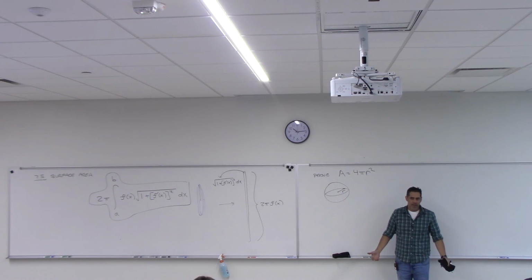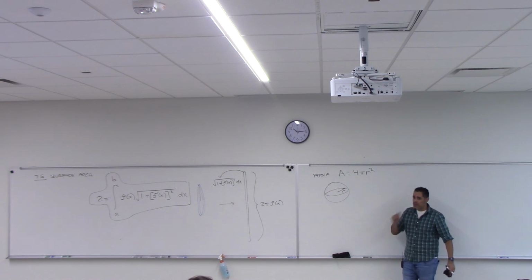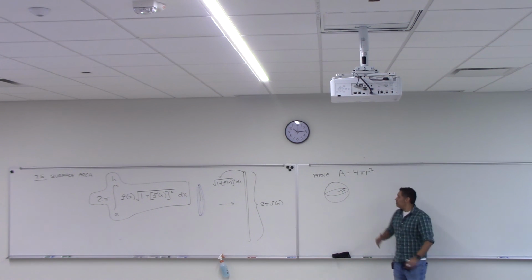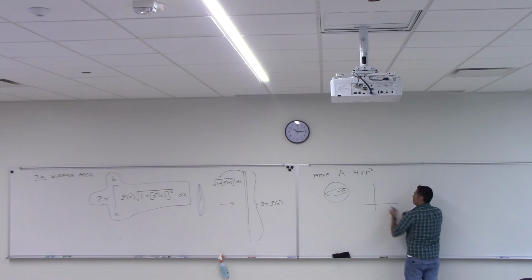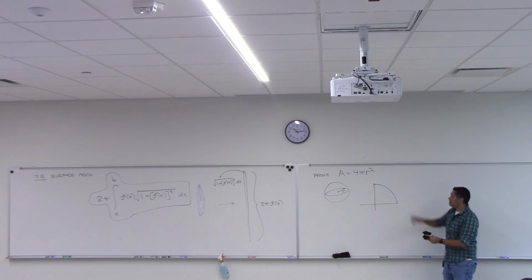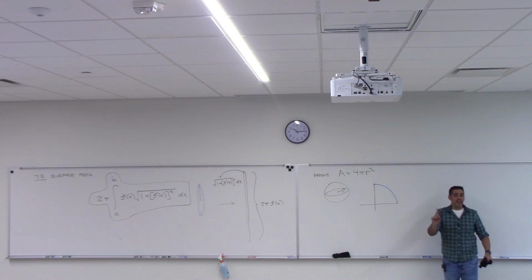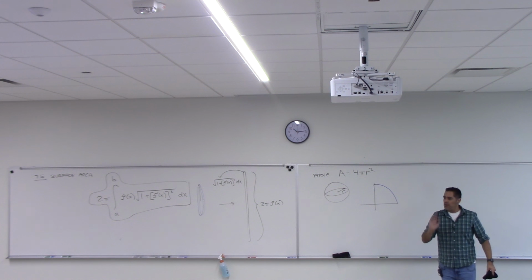Okay? So what am I going to do? Anyone know what I'm about to do? Yeah, I'm going to do the same exact thing we were just doing. Take that circle in that top corner. We're going to wrap this around the x-axis, but this time we're getting surface area, not volume.